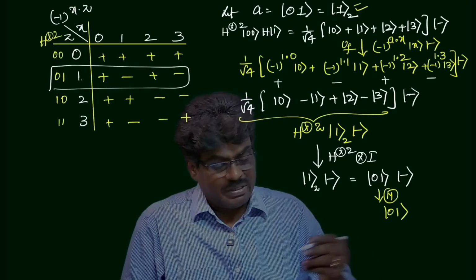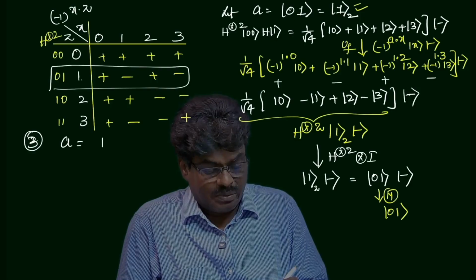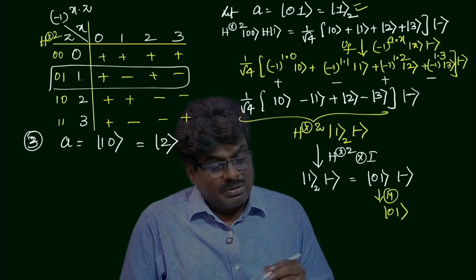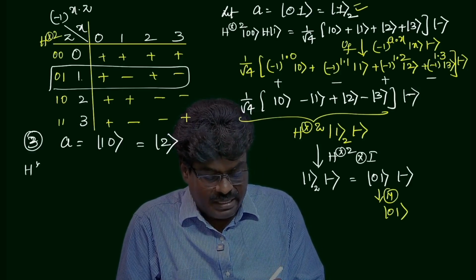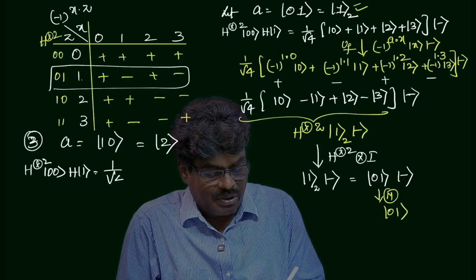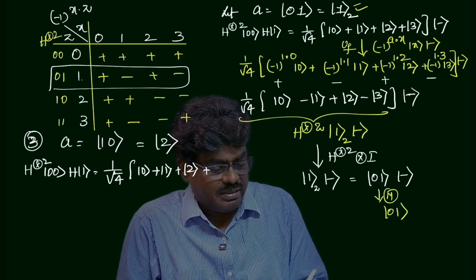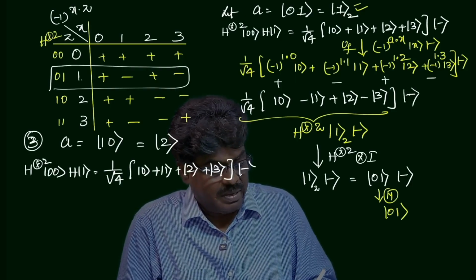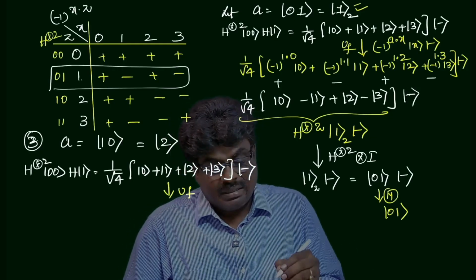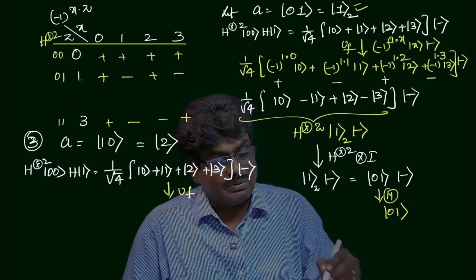So I request you please try the other one also. The last one I will take, let a equal to 1 0, which is nothing but 2. So the initial state, H tensor 2 on 0 0, you know already, this is nothing but 1 over root 4, 0 plus 1 plus 2 plus 3, and this is minus. Now with this unitary operator, we'll get the phase factors corresponding to 2. So these are the phase factors corresponding to 2.